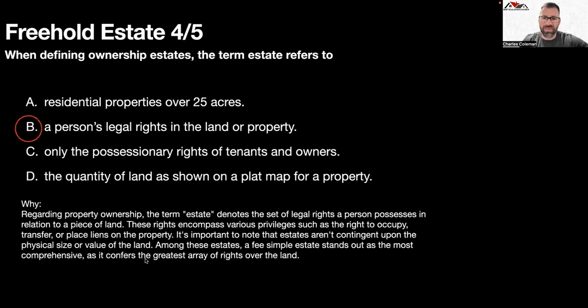These rights encompass various privileges, such as the right to occupy, transfer, or place liens on the property. It's important to note that estates aren't contingent upon physical size or value of the land. Among these estates, a fee simple estate stands out as the most comprehensive, as it confers the greatest array of rights over the land.